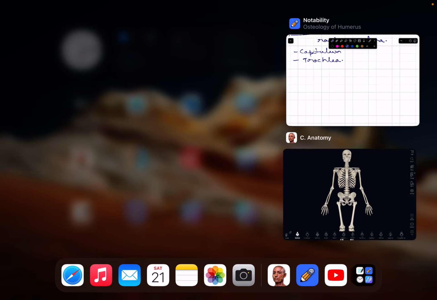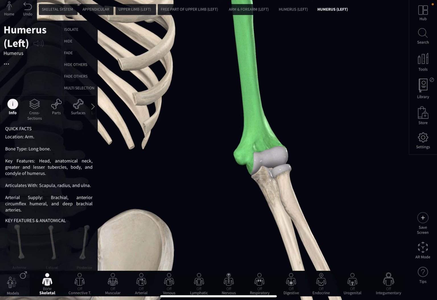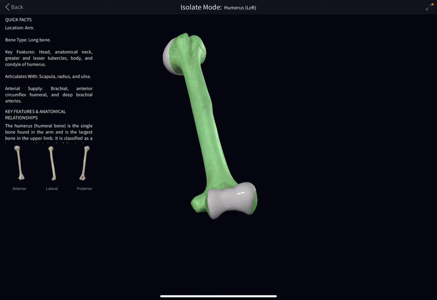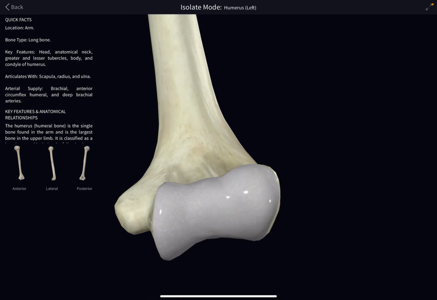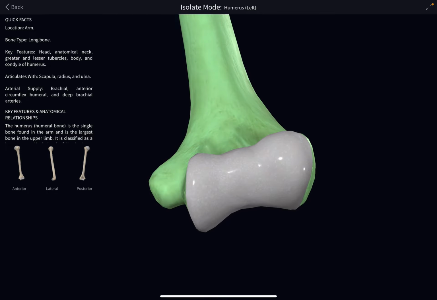Let me show you the trochlea and the capitulum. This is the lower end, right? This lower end is expanded and it's called the condyle. What we see here, this large expanded part on the medial side is the medial epicondyle.